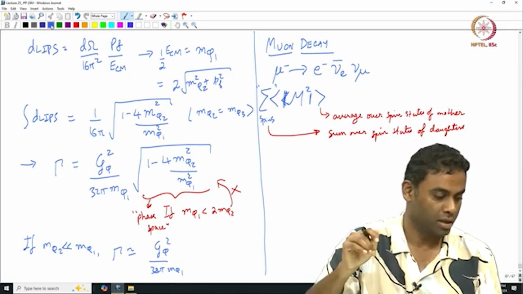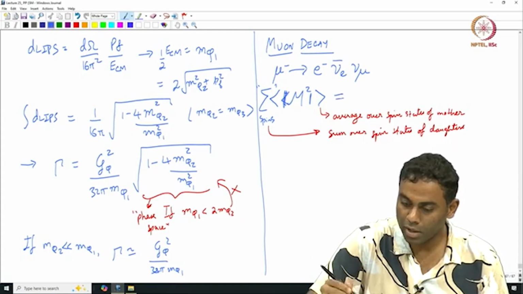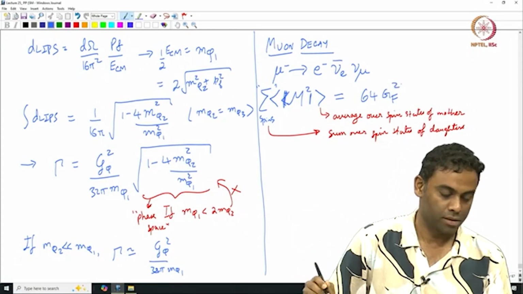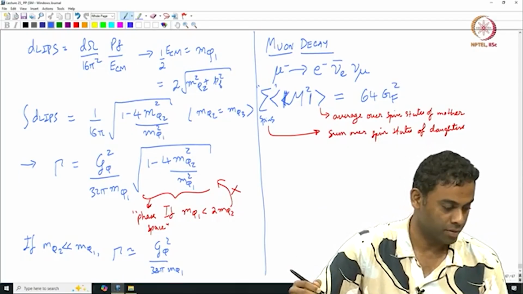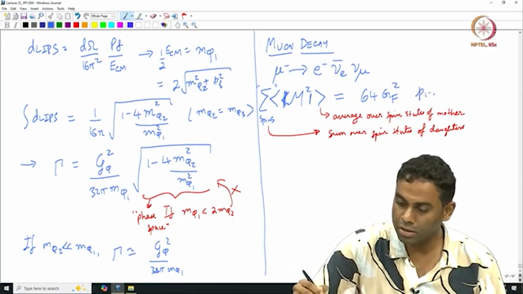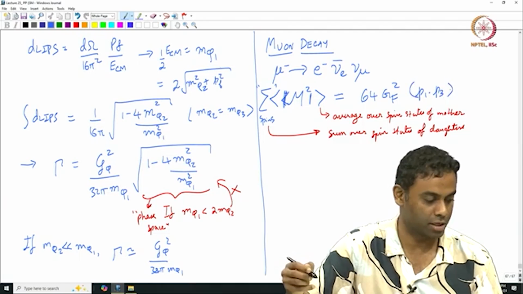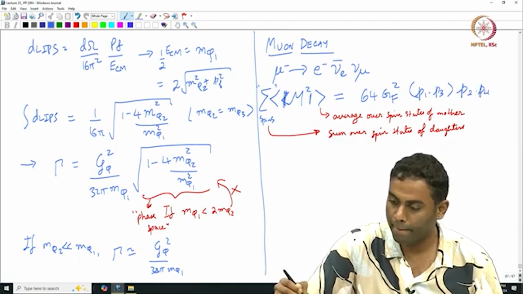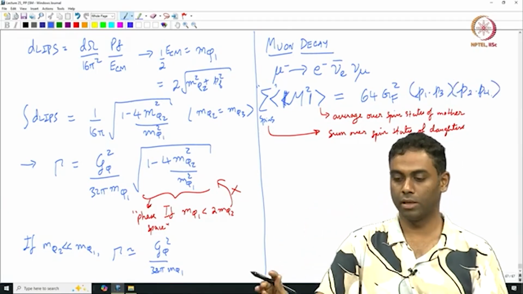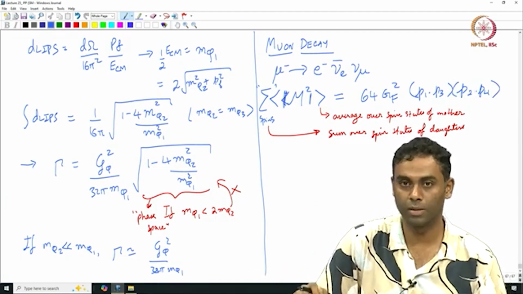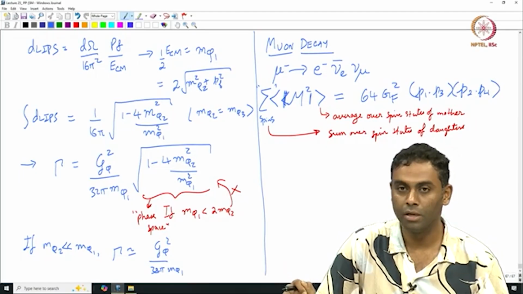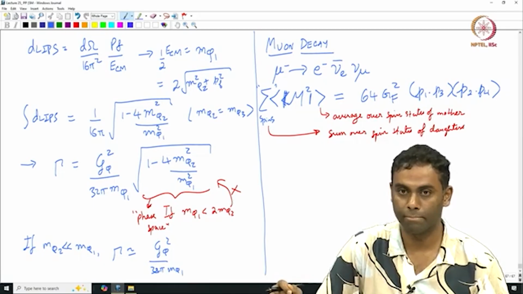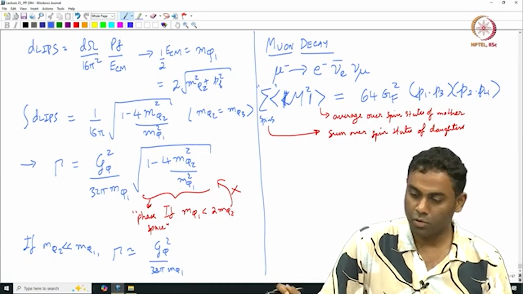I am just going to write down the expression for this, just to give you a flavor for how these things look when you put spinors together and work out the spin sums and average. You get momentum dependent terms, dot products of 4 momentum. So what is GF?